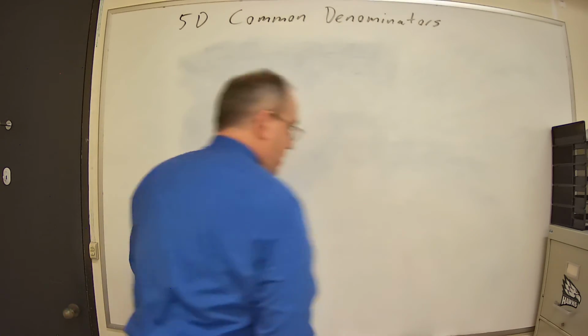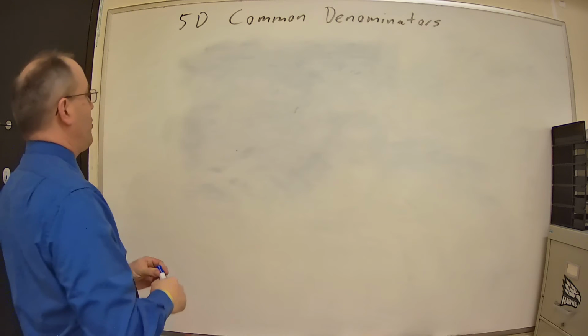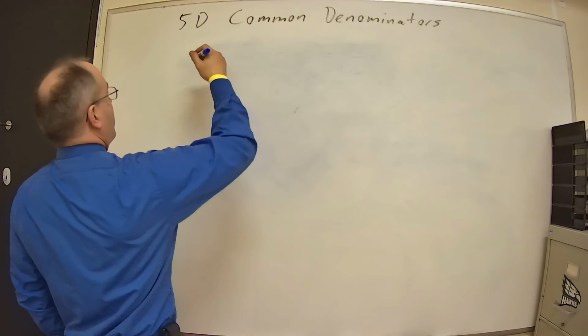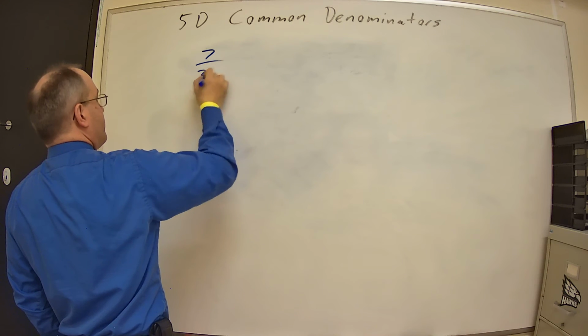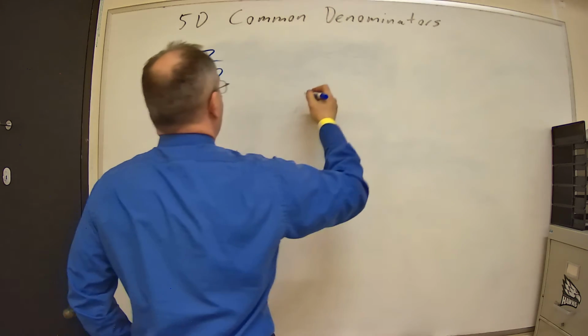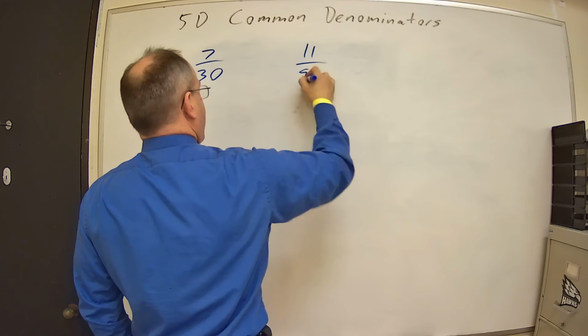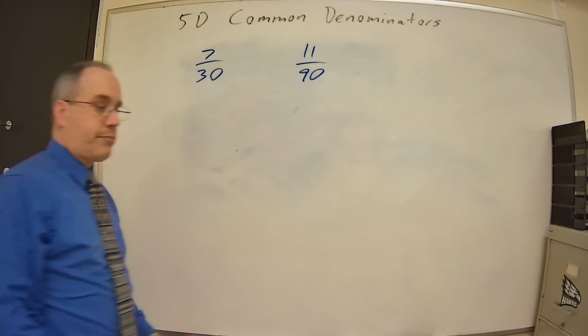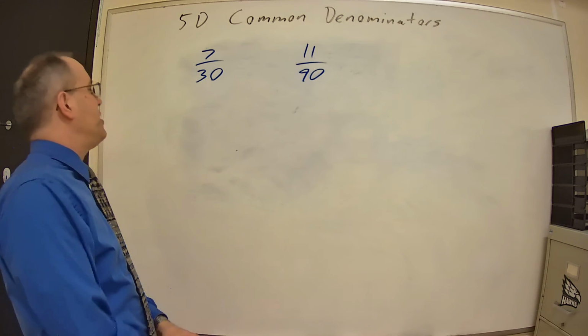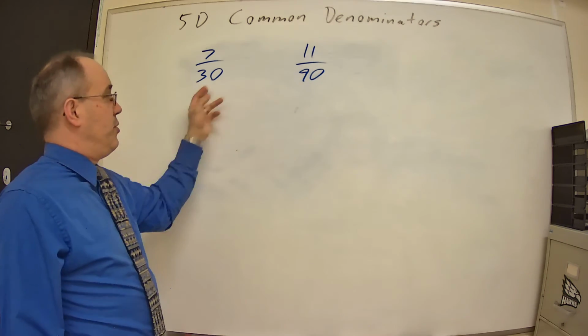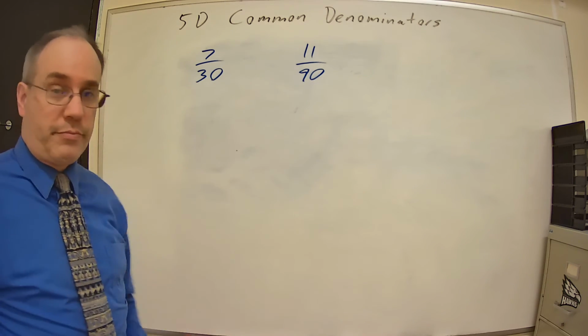Well, let's go back to that example with the 30th and 90th. And I can't remember what I had, so I'm just going to say 7/30ths and 11/90ths. I think that's what I had, but it may not be. Notice what happens with prime factorization. Maybe you didn't notice that 90 was 3 times 30.